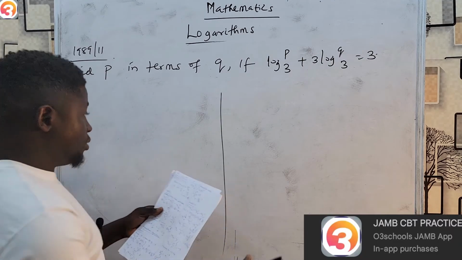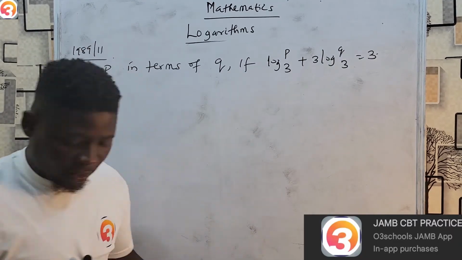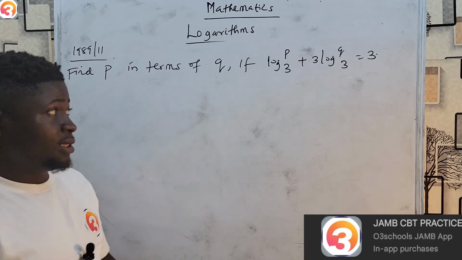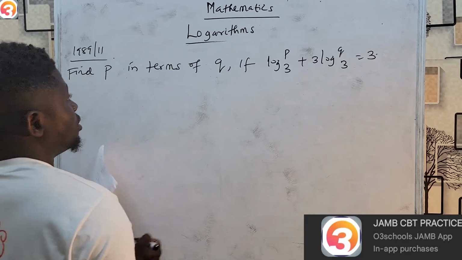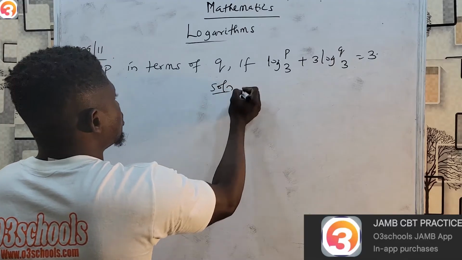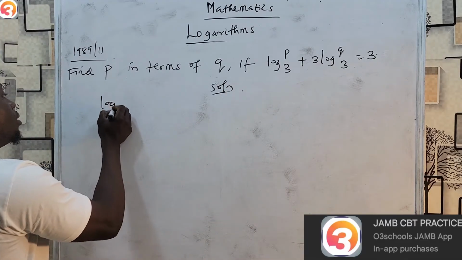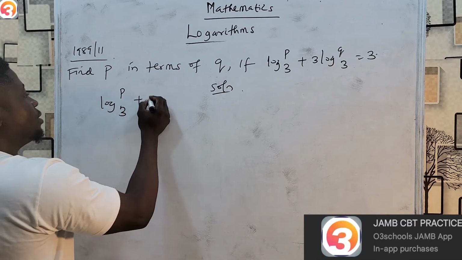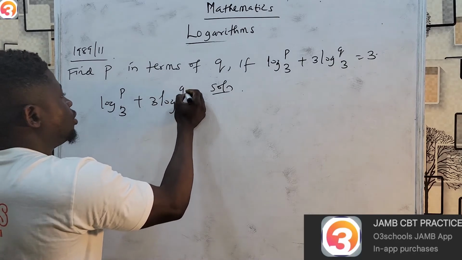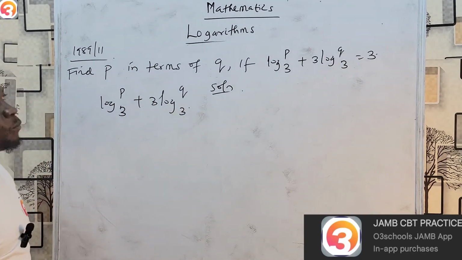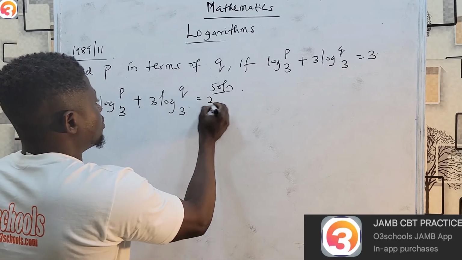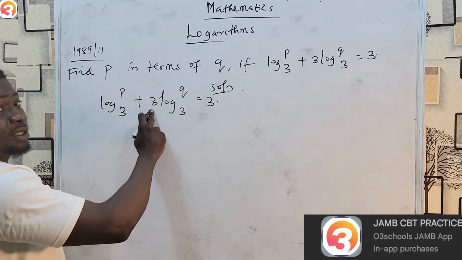We're given options, but let's leave those options out. Let's solve. So this is the solution. We're given log P base 3 plus 3 log Q base 3 is equal to 3.